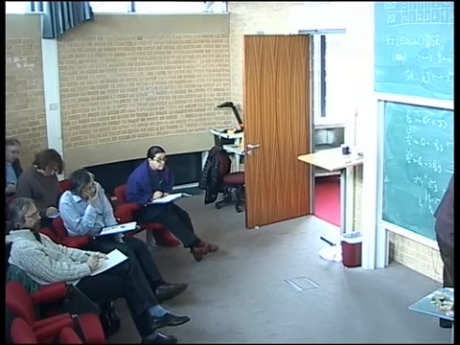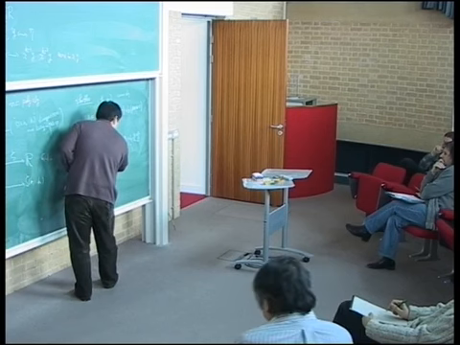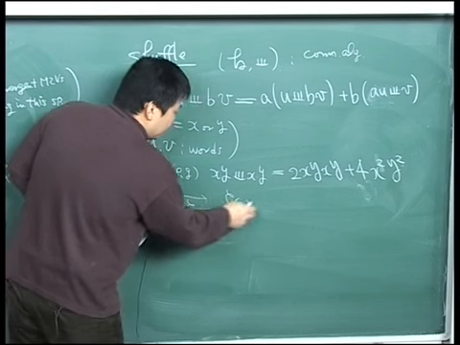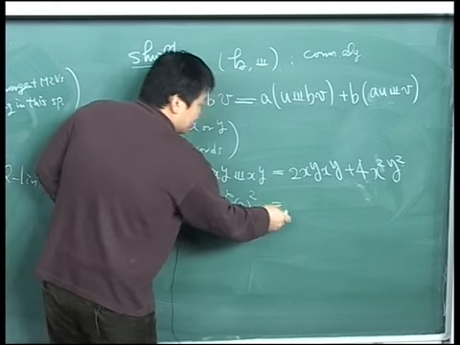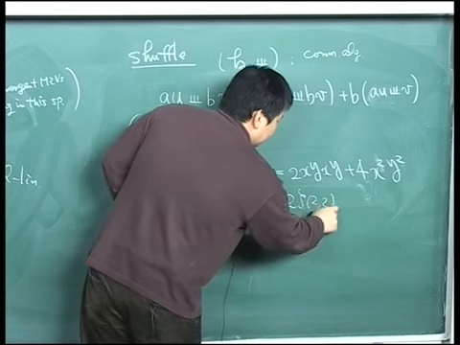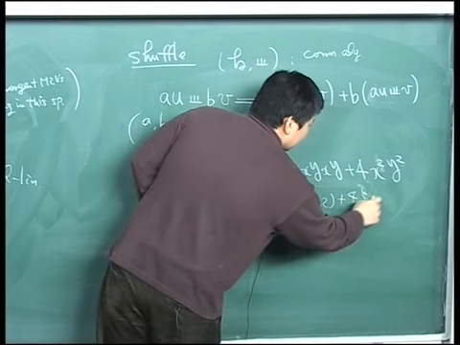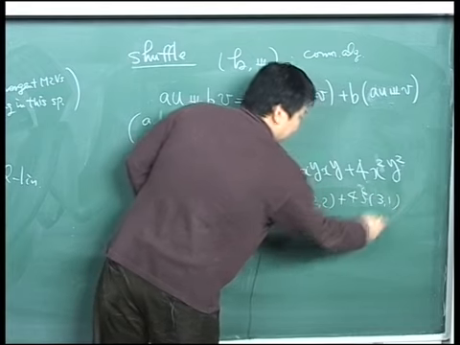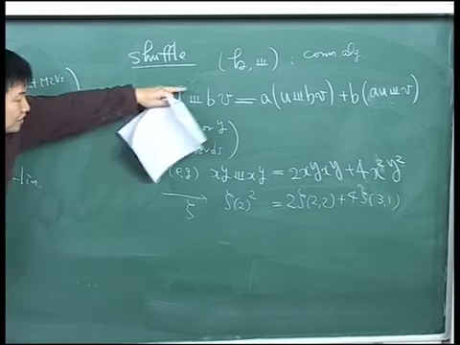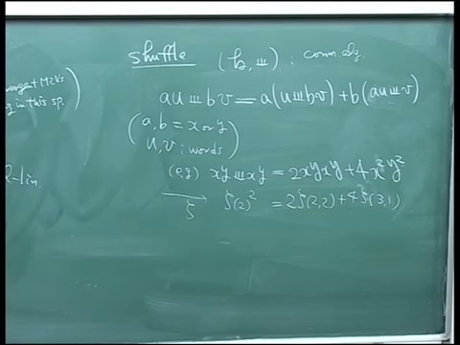If you apply the evaluation map, it means zeta 2 squared equals 2 times zeta 2 2 plus 4 times zeta 3 1. This is true in this space. So this product is compatible with the evaluation map.